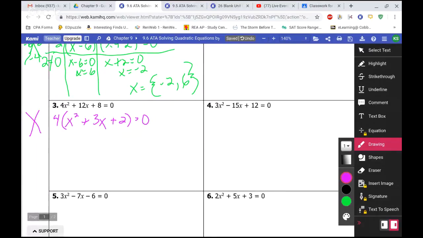I'm looking for 2 factors that multiply together to give me a 2 and add to give me a 3. So that's going to be a +2 and a +1. So I have 4 times (x plus 2)(x plus 1) equals 0.